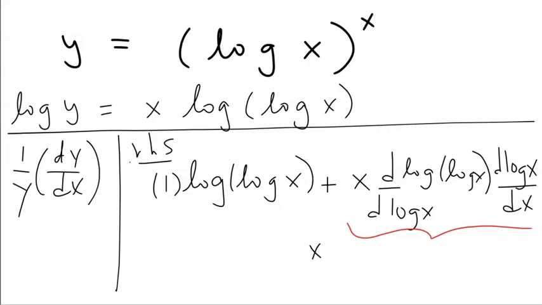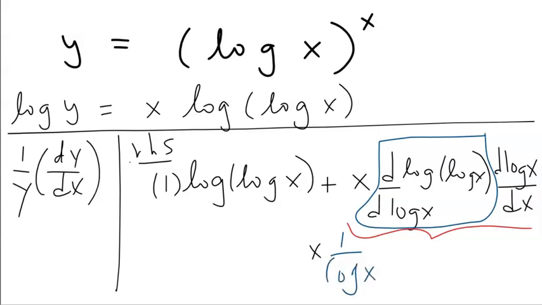That just follows. Now this part here, d(log x) of log x, is 1 over log x. It's just a usual differentiation for log. And then the last part is simply 1 over x.